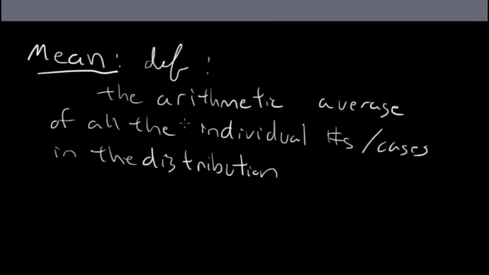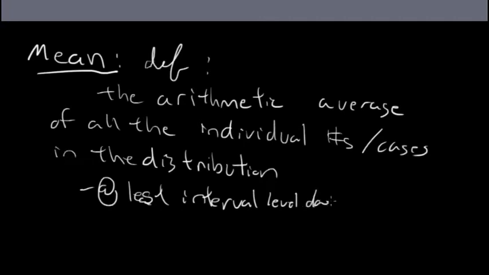So that's good to know. Why is that good to know? Well, it basically says that in order to compute it, we're going to need at least interval level data. Which means basically that we have ordinal, but there's also an assumption of equal distance among adjacent categories.